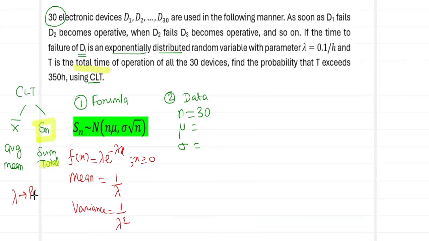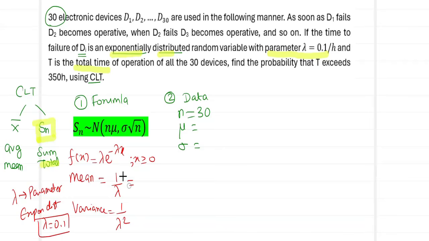Lambda is called the parameter of the exponential distribution. Now, let us search for the second keyword. We have been told it is exponentially distributed with parameter lambda 0.1. So, we know that lambda is 0.1.